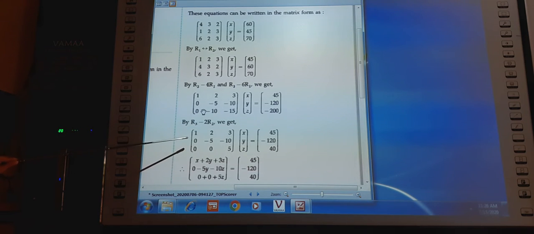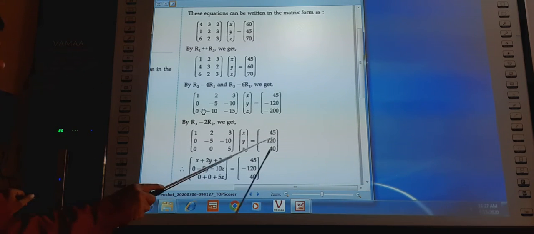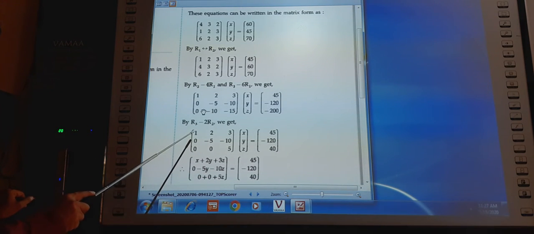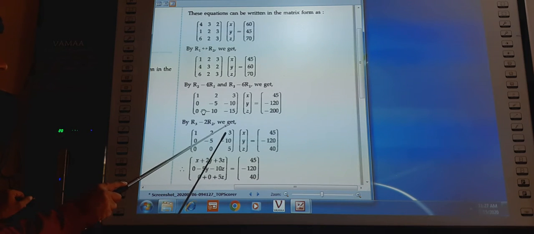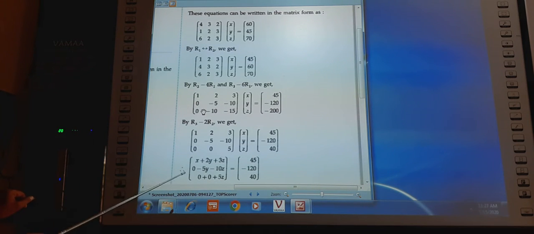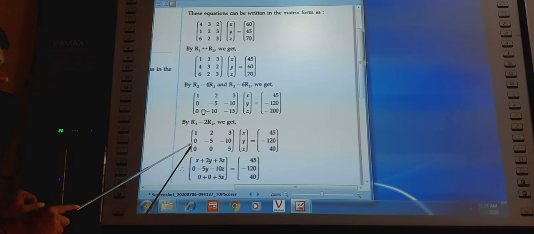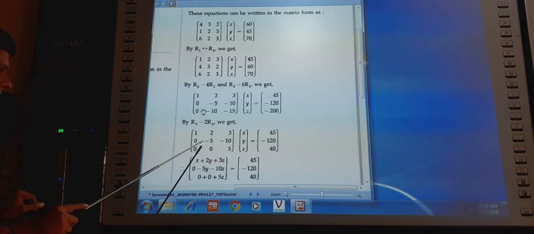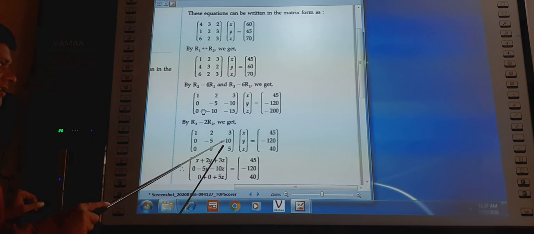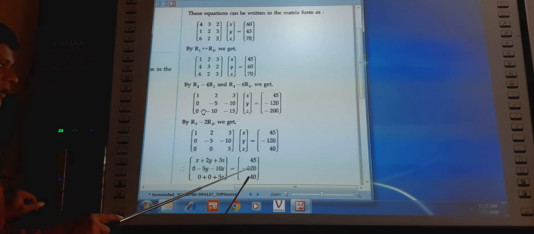Now after reducing these elements to 0, 0, 0, we write the equations. So the first equation is x plus 2y plus 3z equals 45. Second equation, this element 0, so we write 0 minus 5y minus 10z equals minus 120.